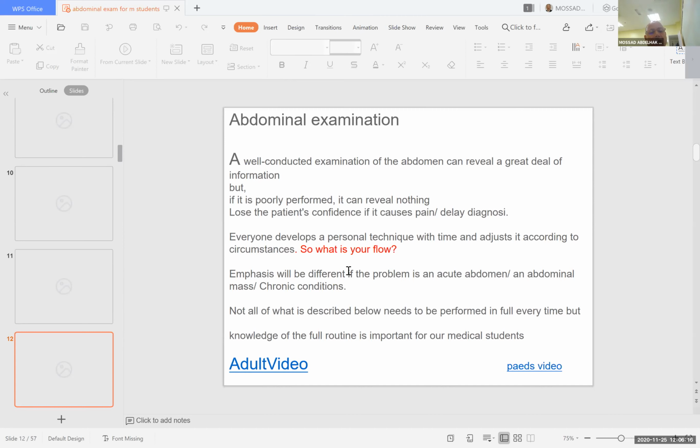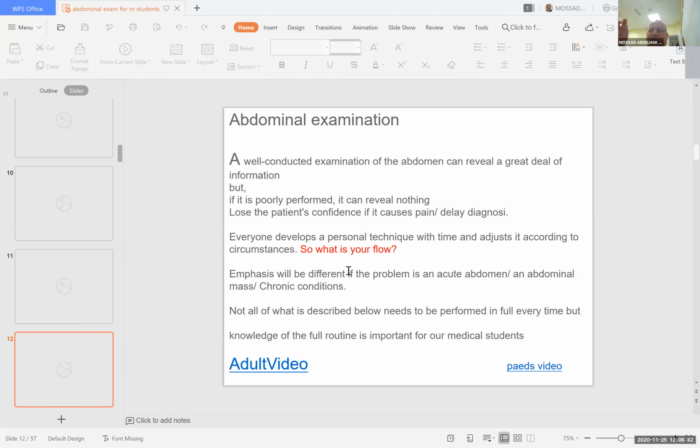If you don't know, my mentor group can also make their flow of examination, which will help us know that if I am examining the abdomen today, I must do 1, 2, 3, 4, 5 until 10, 15, no issue. I have 15 or 20 items and I will go through them sequentially.